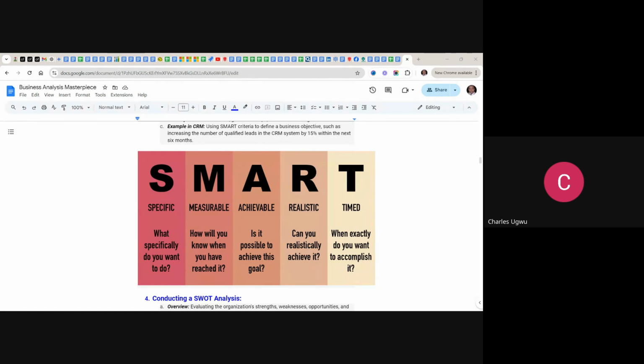So many of us are applying it, but we don't know what we are applying. If you have been applying it for a long time without understanding what you have been doing, it is called SMART.